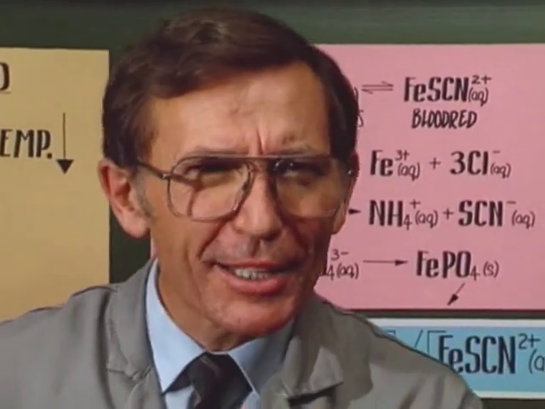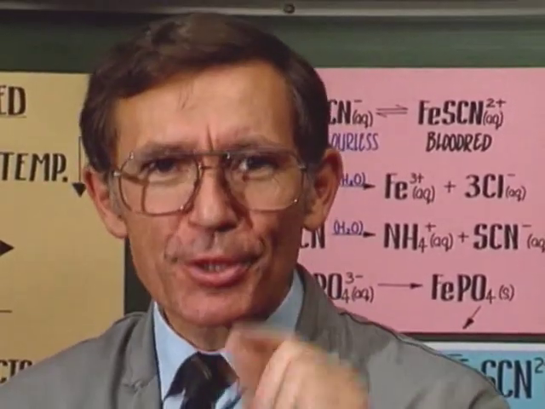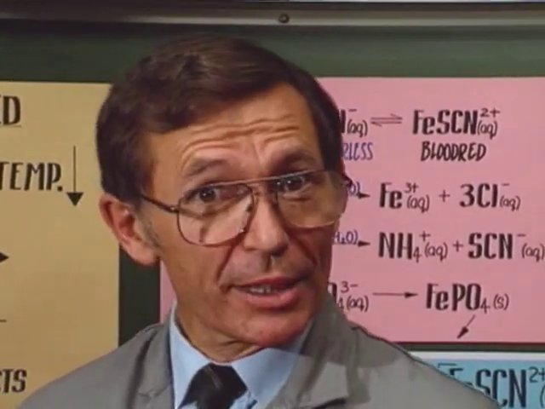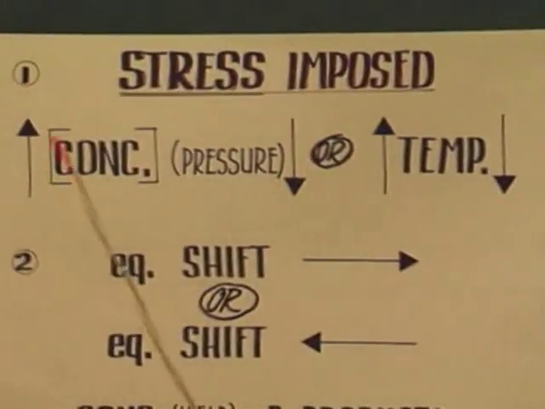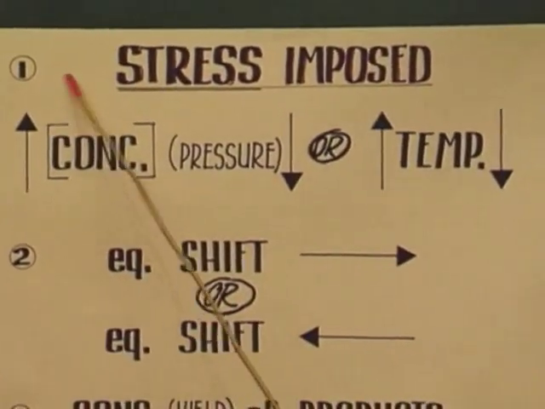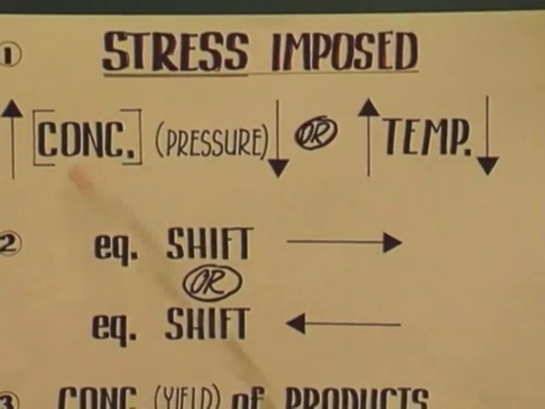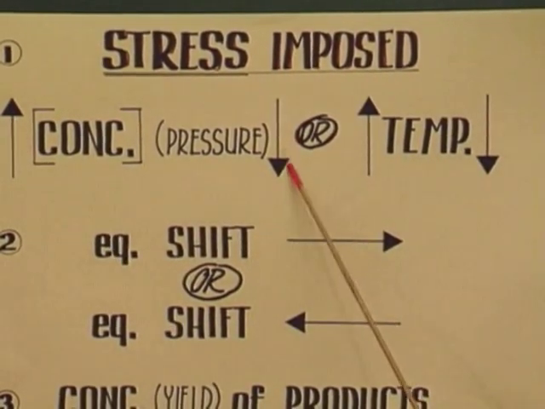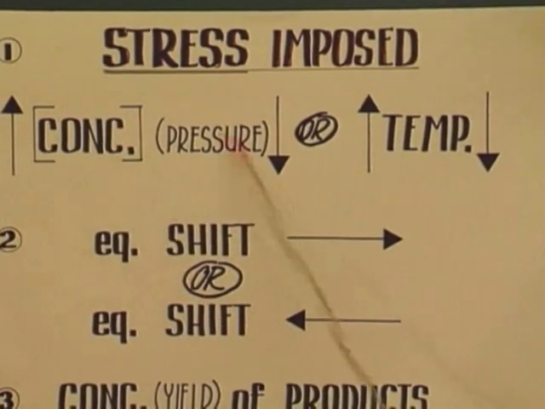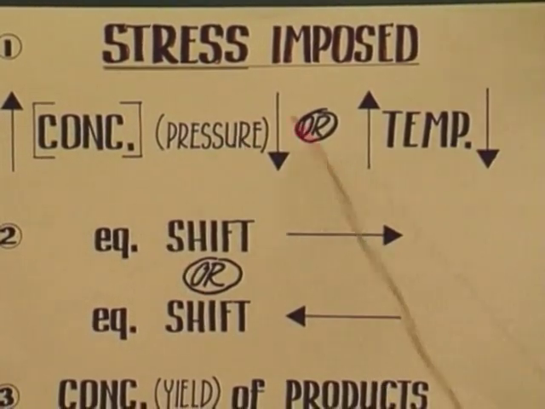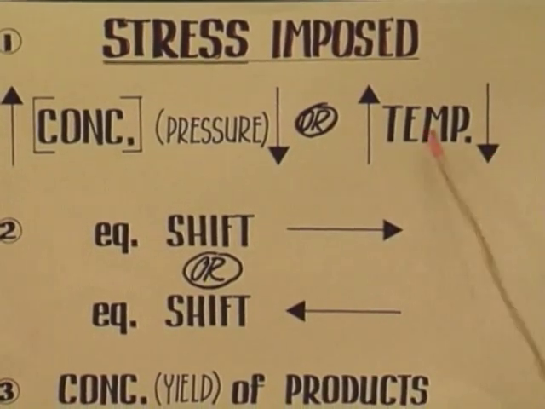When you apply Le Chatelier's principle, you will find it very useful to state your answer according to the following 4-step guide. The first step is to establish the stress imposed upon the system. This could either be an increase or a decrease in the concentration, or the pressure in the case of gases, or an increase or decrease in temperature.